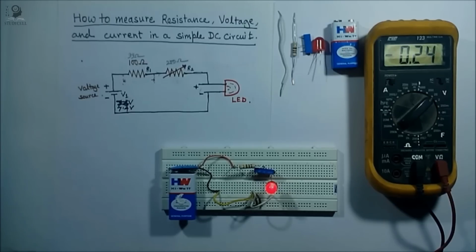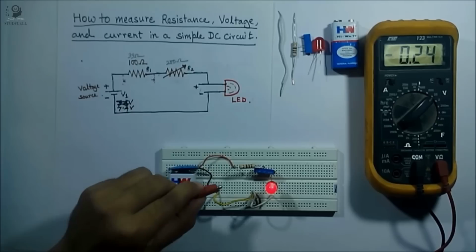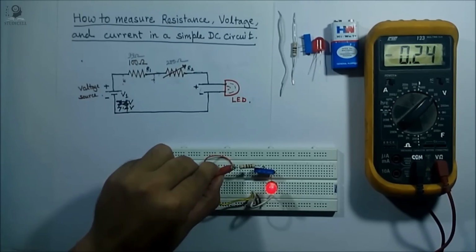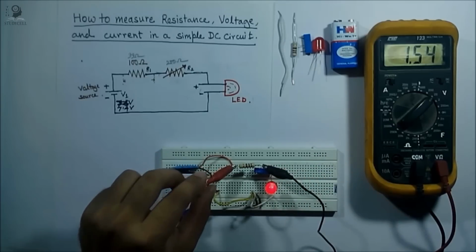Now if you want to measure the voltage across the resistor, I want to measure the voltage across R1. We just have to connect both leads of the multimeter across both terminals of the resistor.